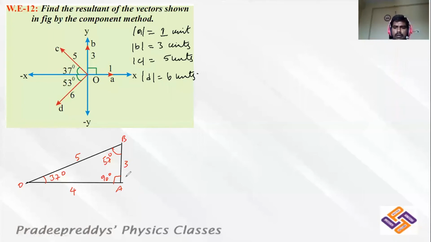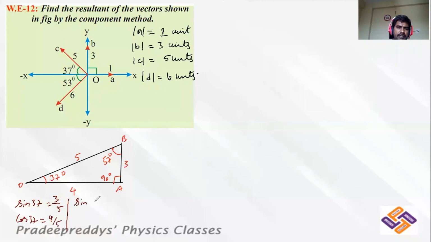Now you can write down all these values. Check it. Sine 37, what do you write? Sine 37 is opposite by hypotenuse, that is 3 by 5. What is cos 37? Cos 37 is equal to 4 by 5. Next, sine 53.